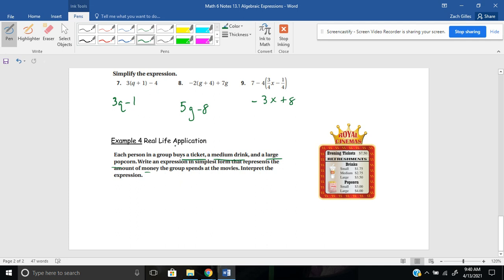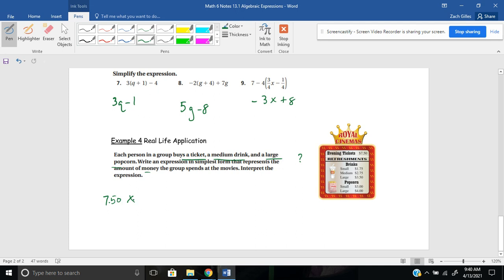And when we add those three things together, we should come up with how much money the group spends at the movies. Okay, so do we know how many people are going? No, we don't, so let's call that X. Each person is going to get a ticket. Well, a ticket is $7.50 per person.